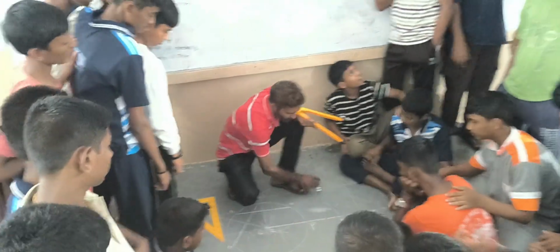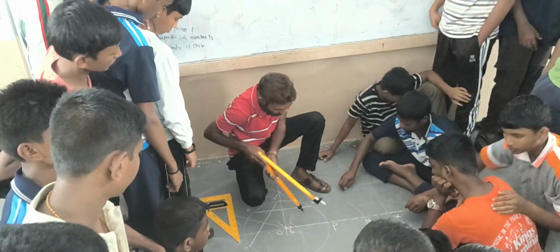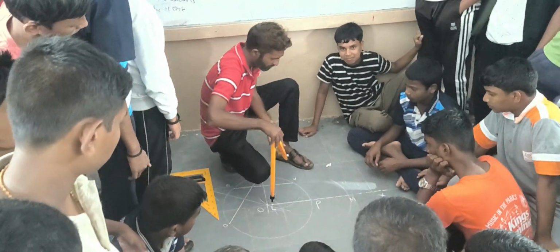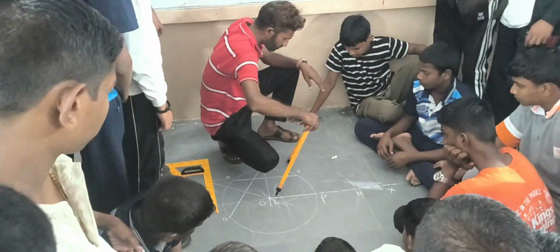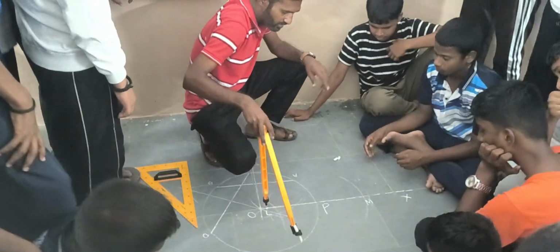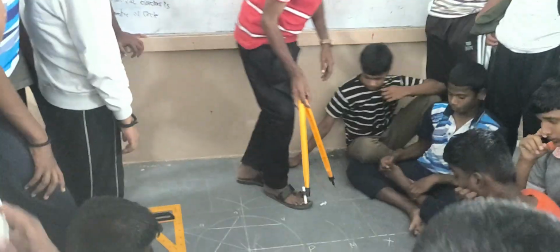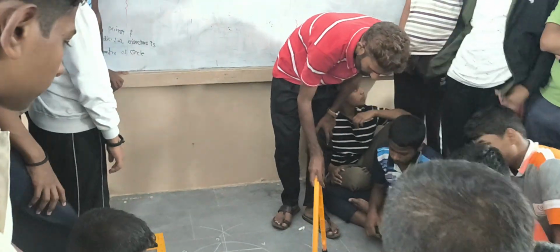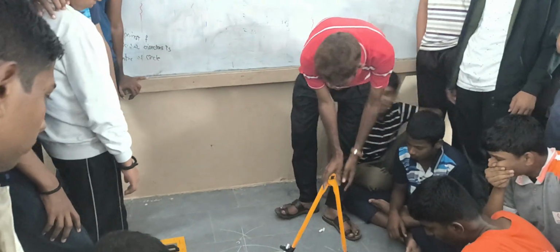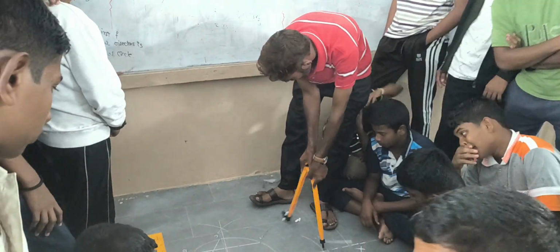Next, we need to come to the L side. With your comfortable radius, draw an arc above and below. Continue the same process from point M, here and here.